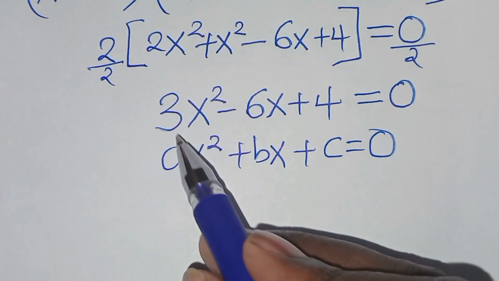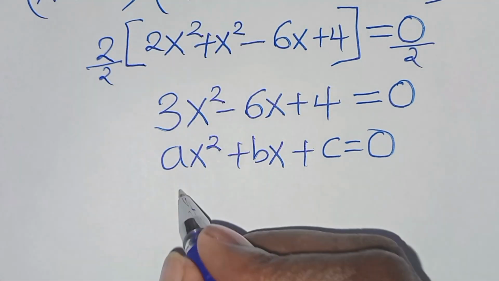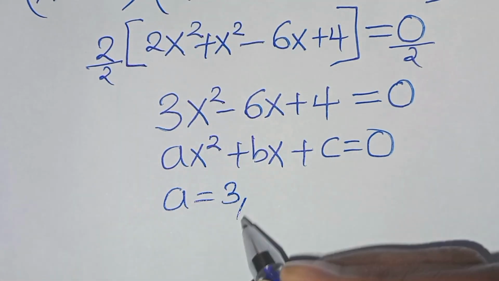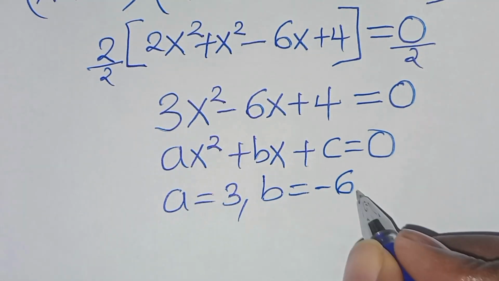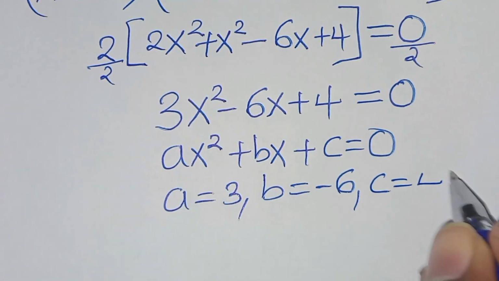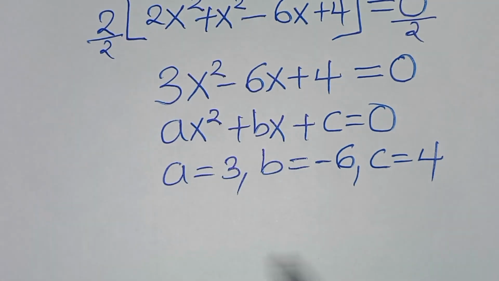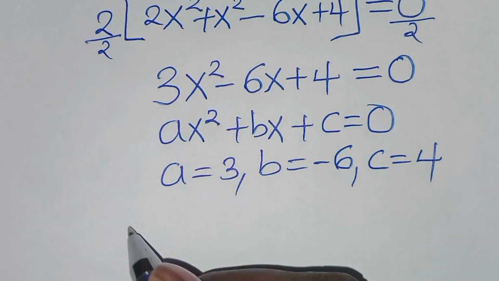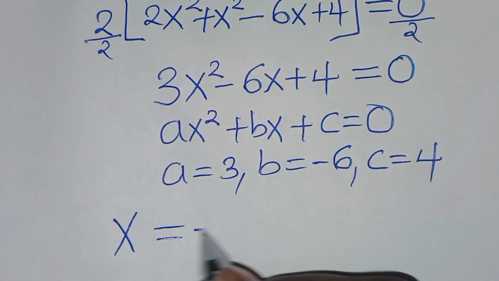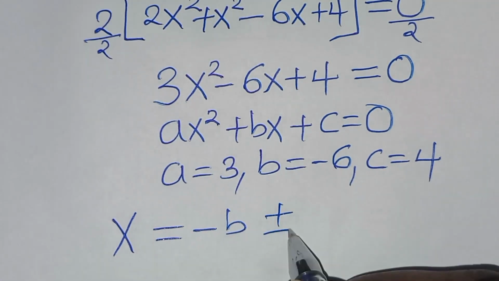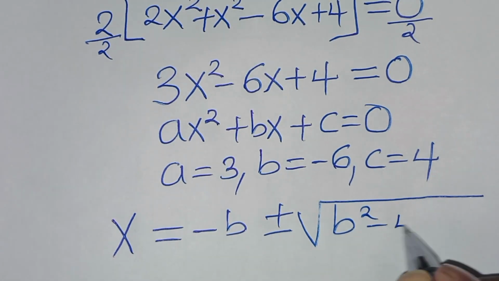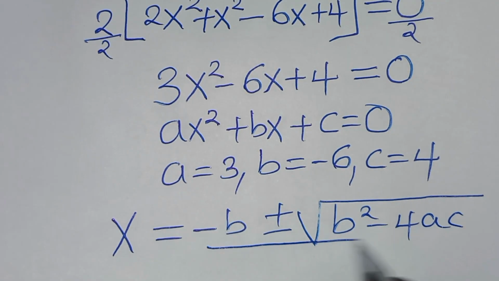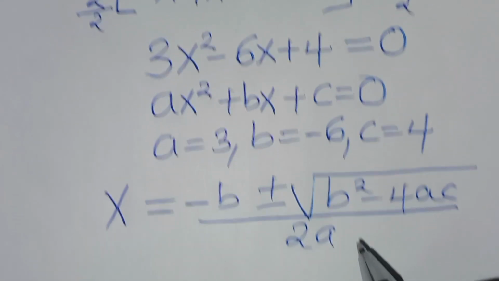This implies that from this quadratic equation, we have that a is equal to 3, b is equal to minus 6, and then c is equal to 4. Applying the quadratic formula from here, we'll have x equal to minus b plus or minus the square root of b squared minus 4ac divided by 2 times a.